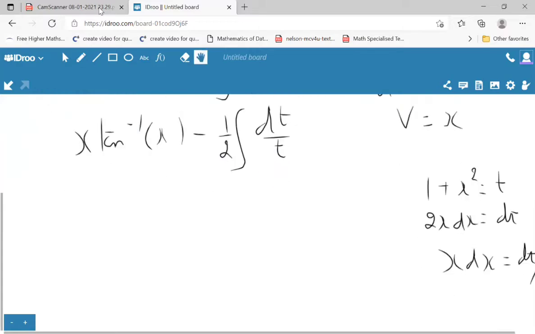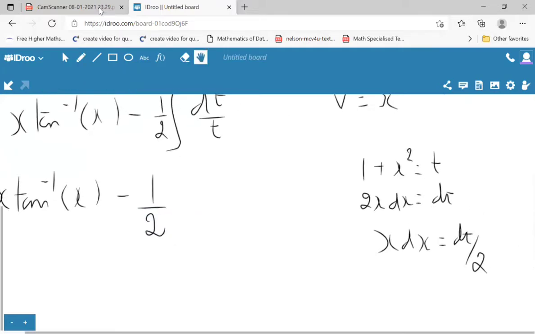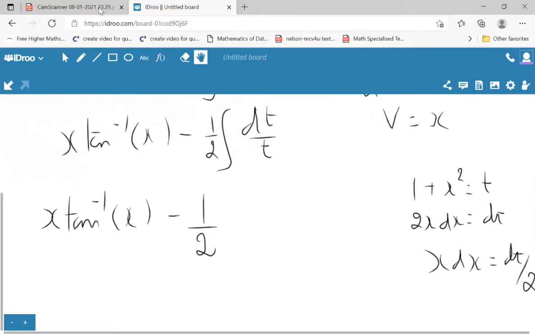On integrating, we'll get x tan inverse of x minus half into log t plus c. Now substituting back for t, we took t as 1 plus x squared.